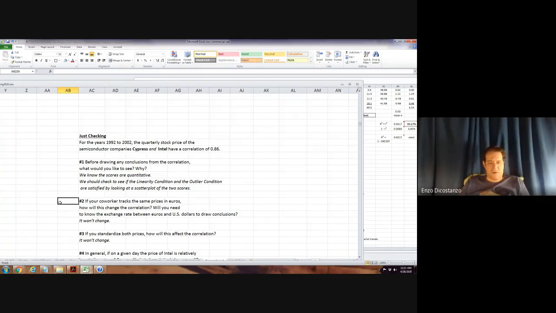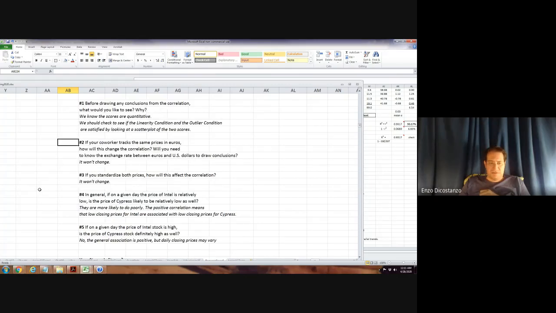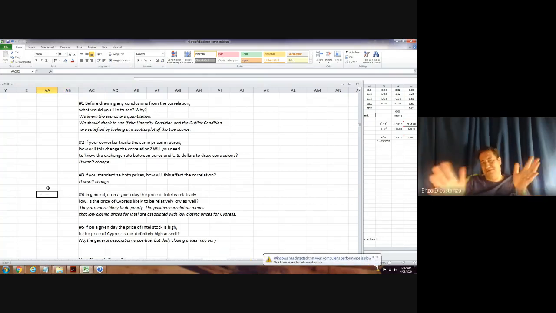If coworkers track the price in euros of these companies or dollars, you're going to have the same variations. That's not going to change correlation. Standardizing would change your analysis of it, that's for sure, because you're making a constant change in both in the prices from dollars to euros.